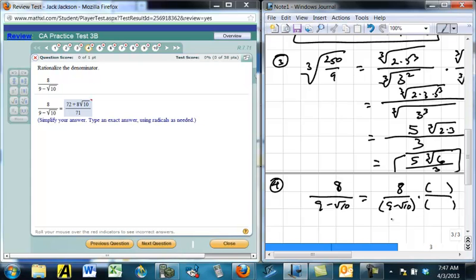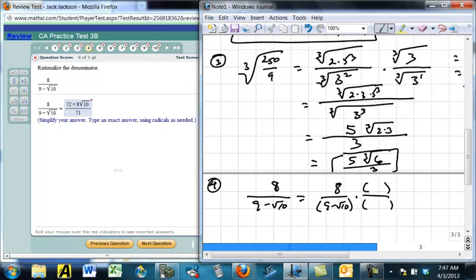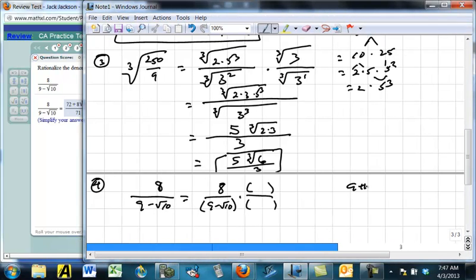We're going to be using the sum and difference pattern, that a plus b times a minus b is a squared minus b squared. The O and the I, the FOIL, cancel out. So this is 9 minus the square root of 10, so we put 9 plus the square root of 10 here. The idea here, according to the directions, is to rationalize the denominator.